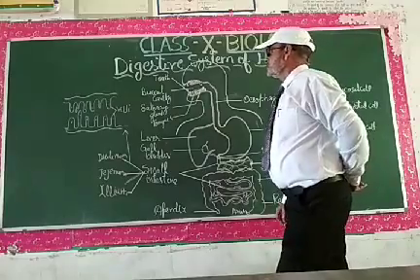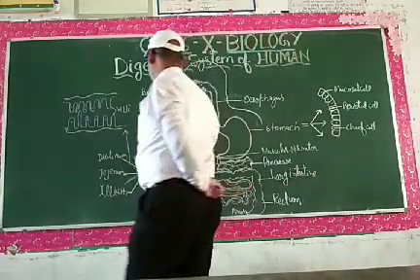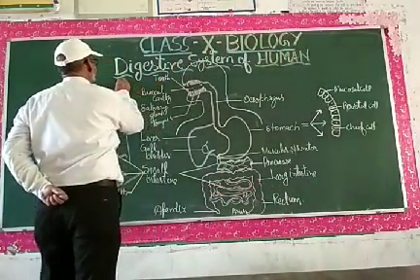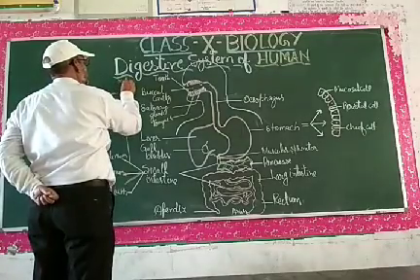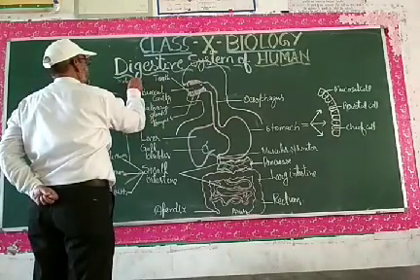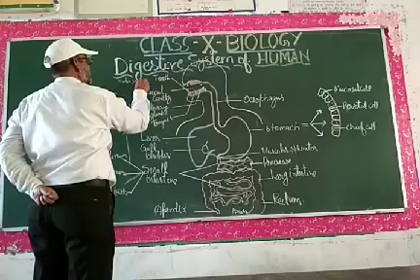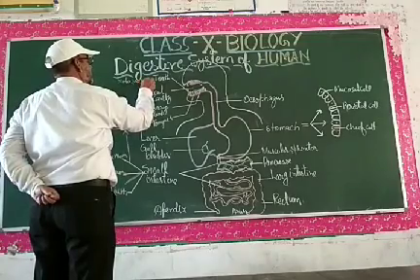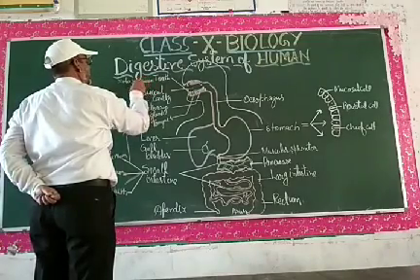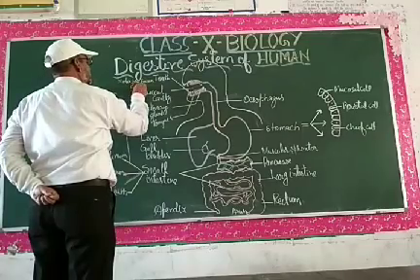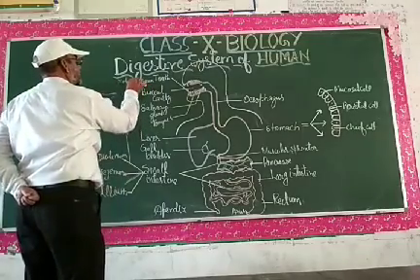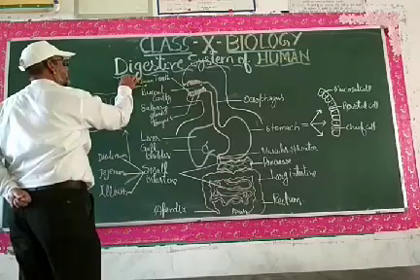Dear students, these teeth are of four types: molar, premolar, incisor and canine. Molar, premolar, canine and incisor.